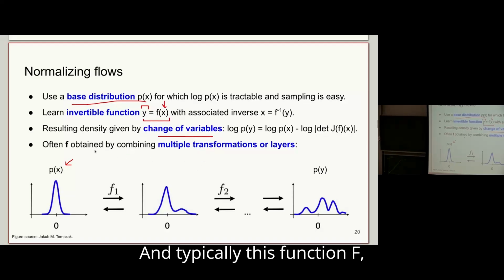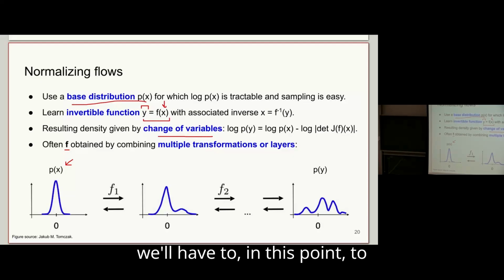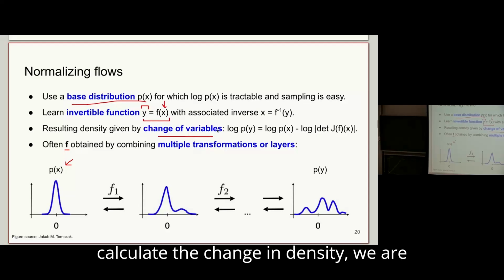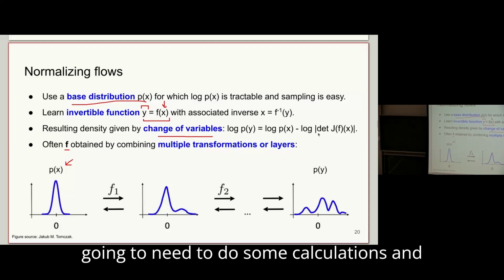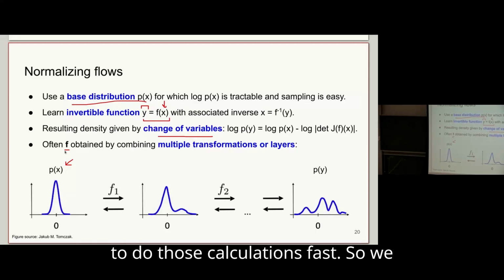And typically this function f, because it has to be invertible, we will want to also reduce its flexibility so that computations are tractable. To calculate the change in density, we are going to need to do some calculations, and we want these functions to allow us to do those calculations fast.